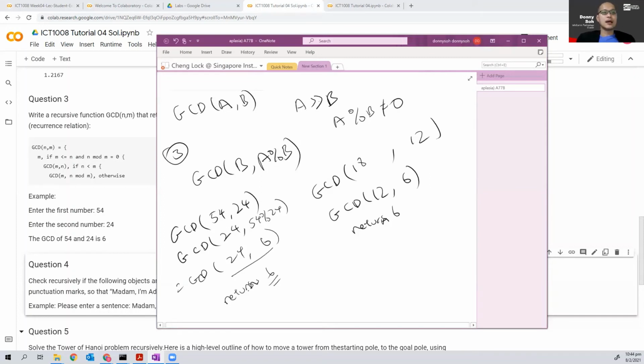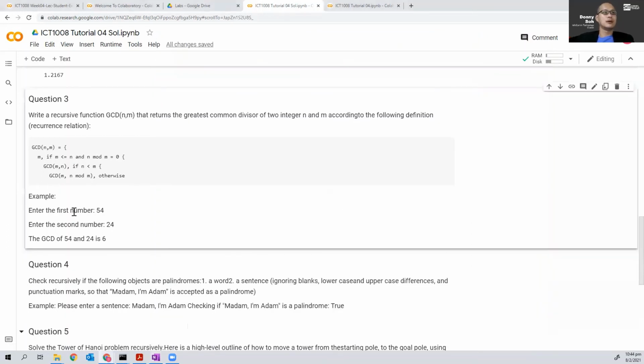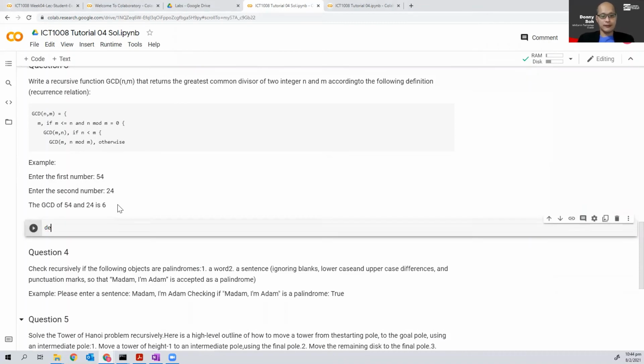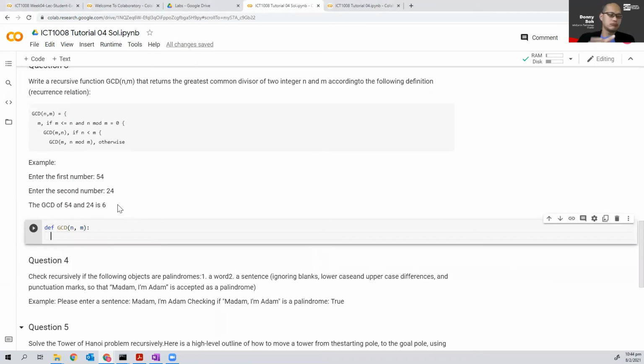Okay. Now we have a slightly better understanding of the GCD function. So let's go through this together and convert this into code. So I have def gcd. The good thing about this question is that it already gives us all three requirements.